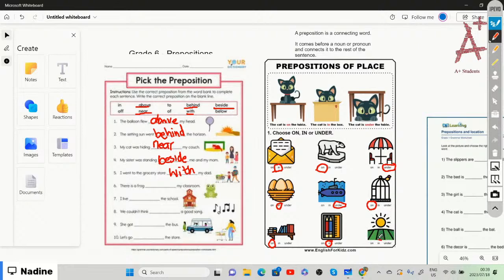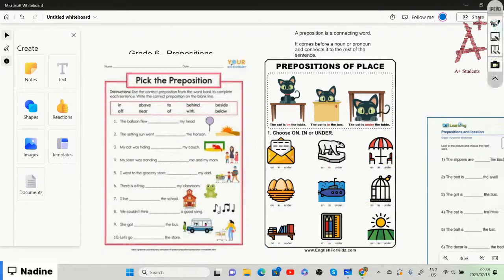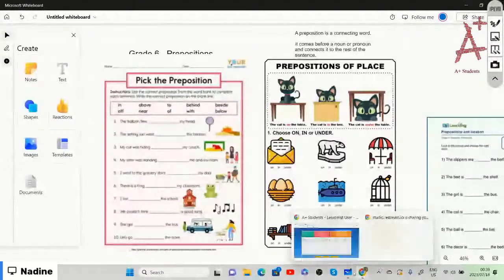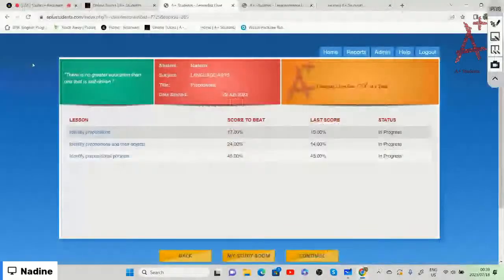Unless we say that it's shining in the sky. So those are all prepositions of place, and those are different prepositions. And we said a preposition is a connecting word, right? A preposition connects the noun or pronoun to the rest of the sentence.